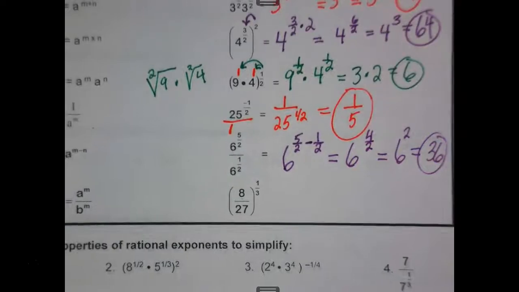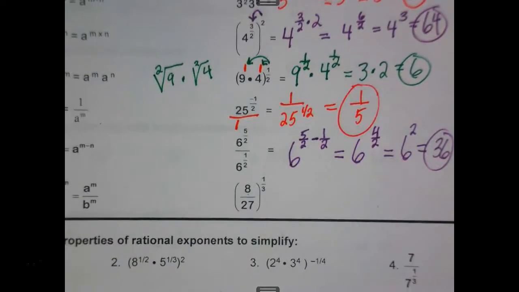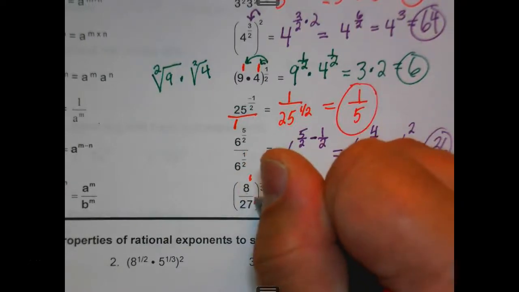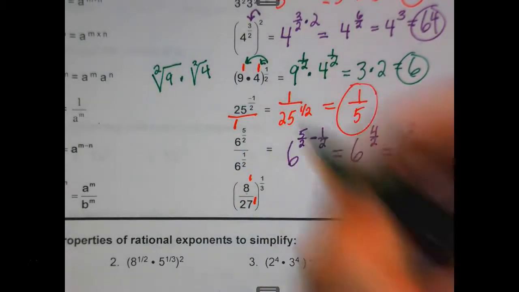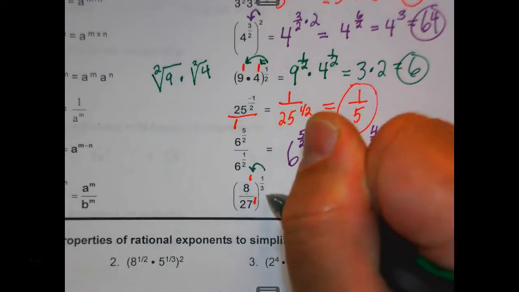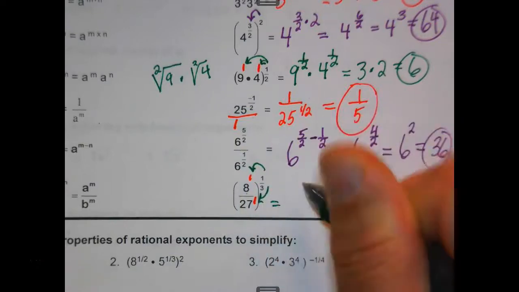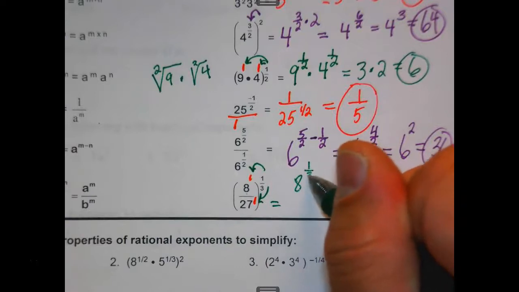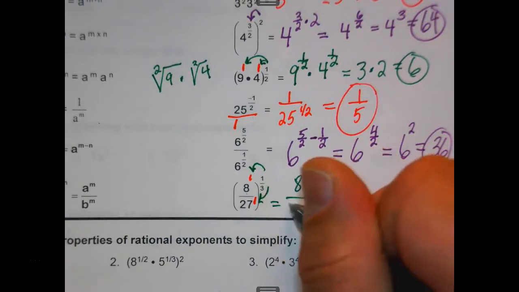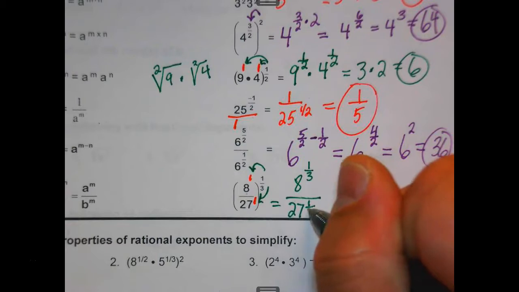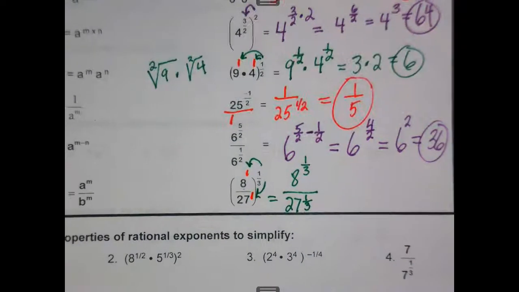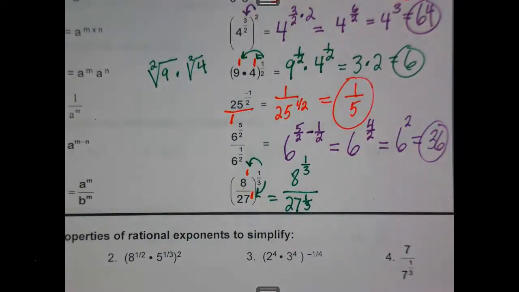What about dividing different bases raised to a power? So what do I do with them? I'm not going to tell you. Yep, multiply each exponent. So I get 8 to the 1/3 divided by 27 to the 1/3. 1/3 is cube root, correct?